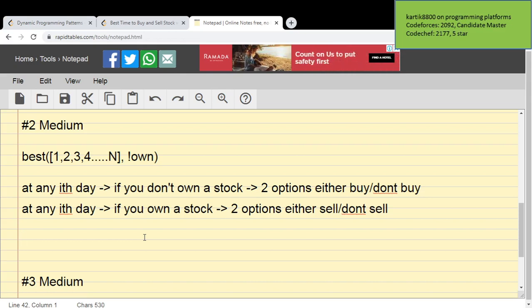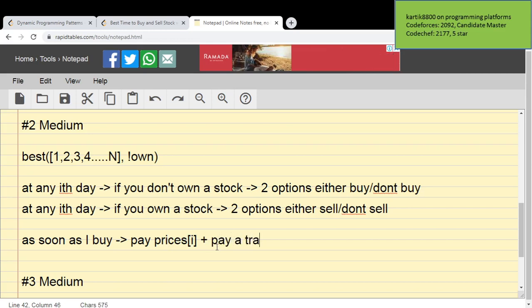And since for every transaction I'm being charged a fee, I'll try to incorporate it in this way. As soon as I buy a stock, I'll assume that I'm making a transaction and I'm losing some money, right? So as soon as I buy, two things happen. One is that I pay prices at I. If I buy at day I, I'll be paying a price of prices at I to buy that stock, plus I pay a transaction fee.